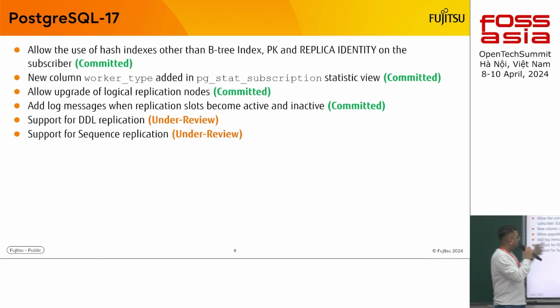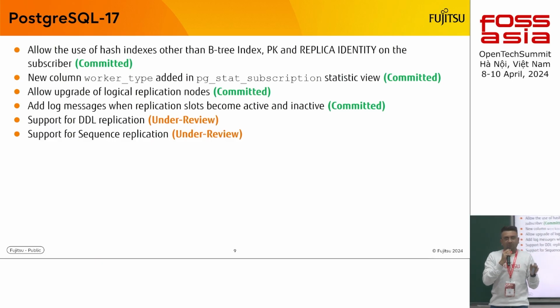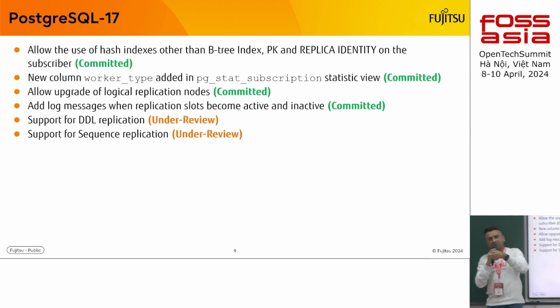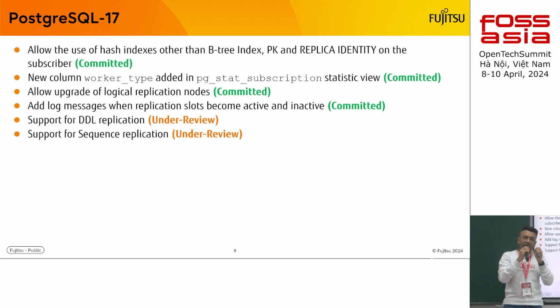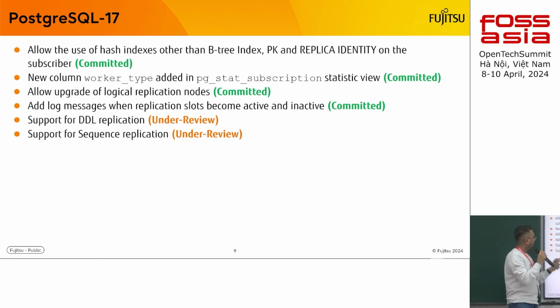So the community enhanced this functionality, and now with the help of this, all the replication slots are going to be migrated from the older version to the newer version, and the subscriber is also able to preserve the full state of the subscription. So there is no requirement to recreate the replication slots, and no need to redefine your subscriptions.